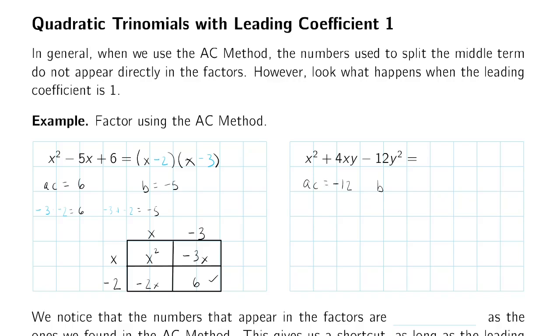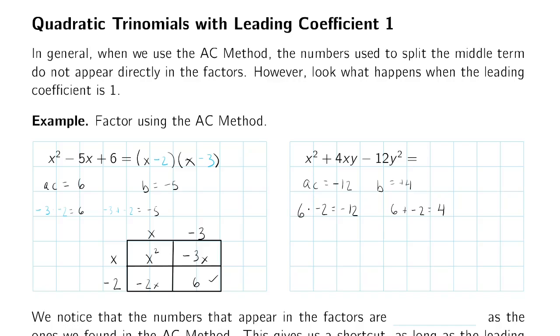Our B is positive 4. And after a little bit of trial and error, we see that positive 6 times negative 2 is negative 12, and positive 6 plus negative 2 is positive 4.